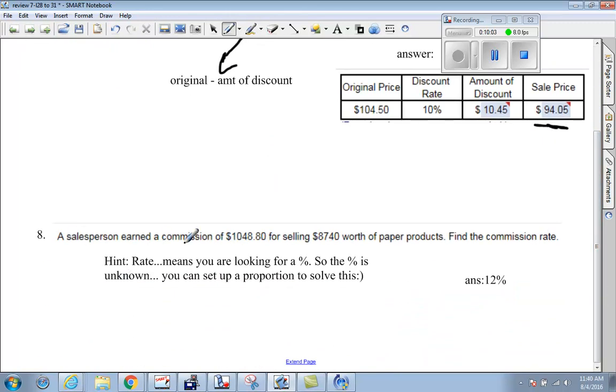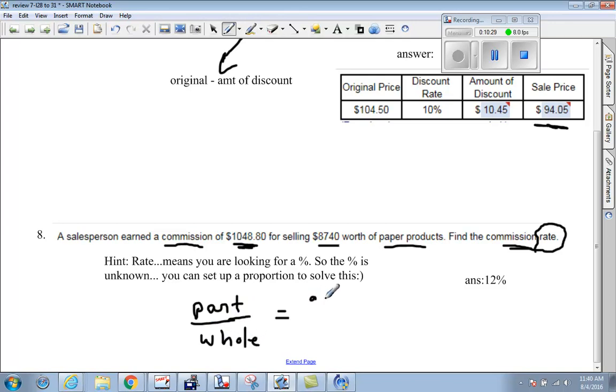A salesperson earned a commission of this much money, a little over $1,000, for selling $8,740 worth of paper products. Find the commission rate. Keyword rate. Rate is like a percent, so whenever you're looking for the missing percent, you might want to just think part to whole. You can always use this proportion, part over whole equals percent out of 100.